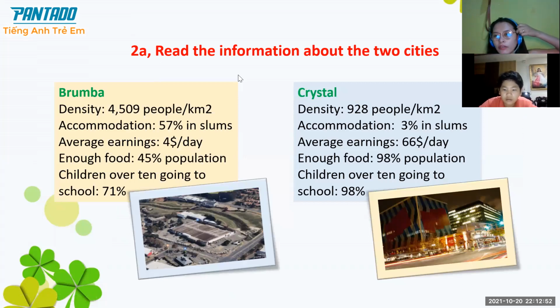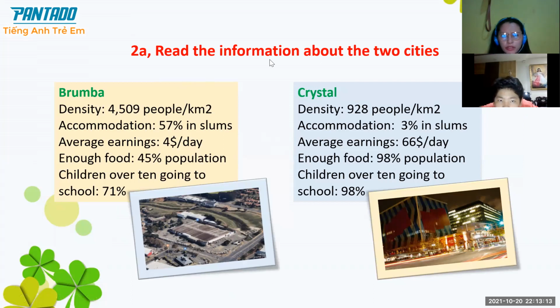Okay, for example, here in 2A, I want you to read the information about the two cities there. Can you try to read about Bromba and Crystal? The first there is Bromba.